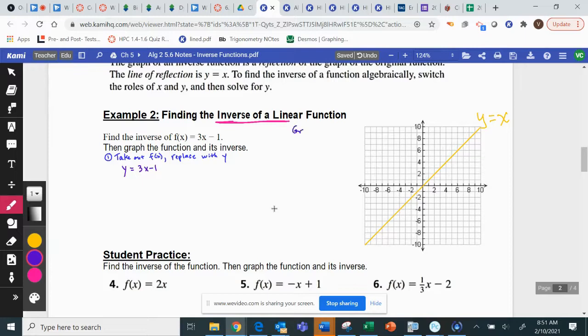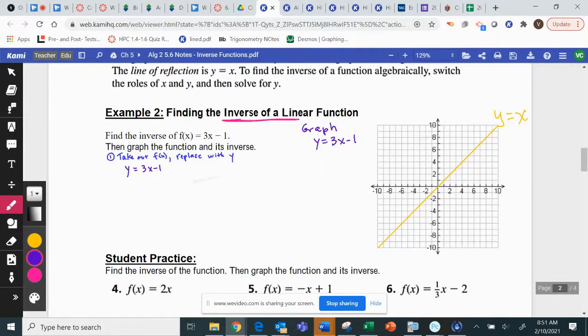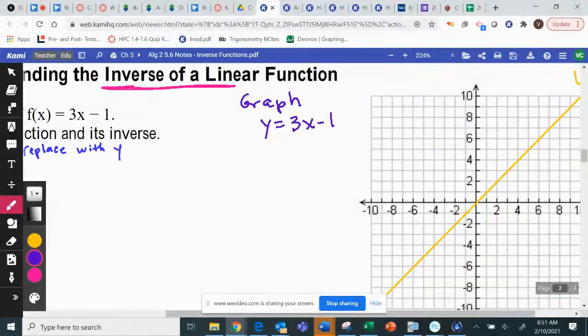So remember when we graph lines, so I'm going to graph y equals 3x minus 1. When we graph lines, we can find the y-intercept, which if you plug in 0, we get -1.